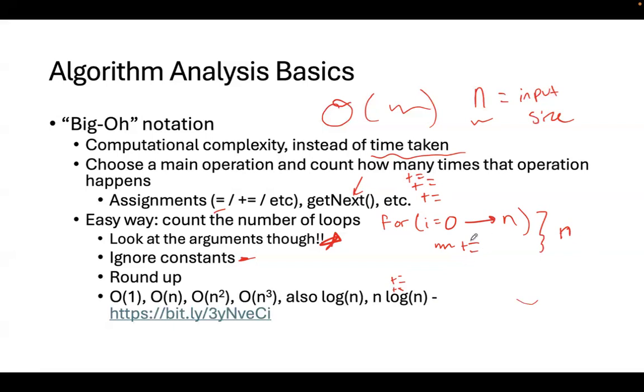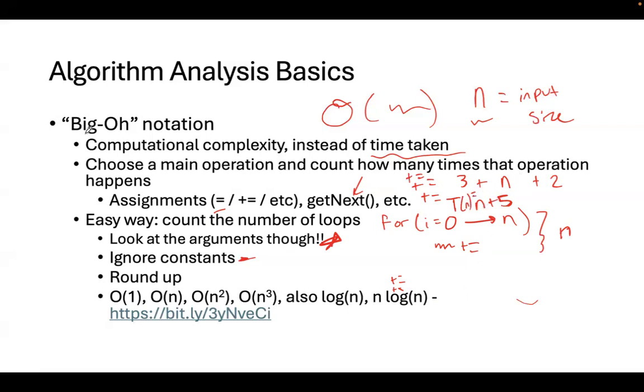The number of times I do this plus equals operation is going to be 3 plus n in the for loop plus 2 down here. And so then I can write an equation to say that the time it takes in terms of n to do this is n plus 5. So typically you'll see like t of n equals n plus 5.